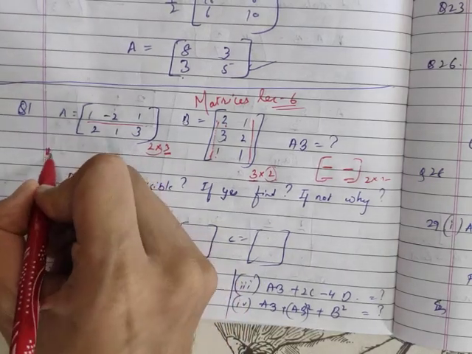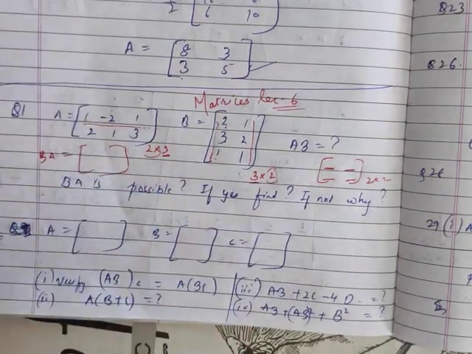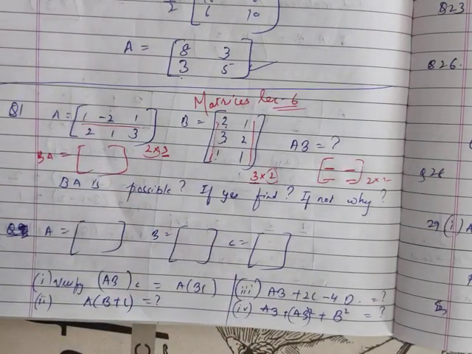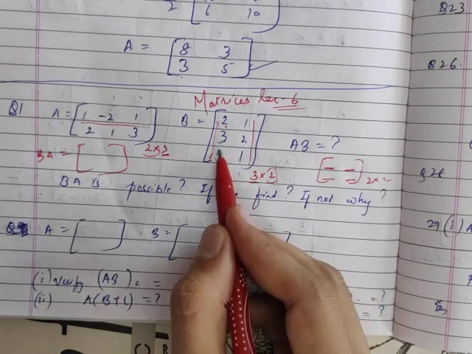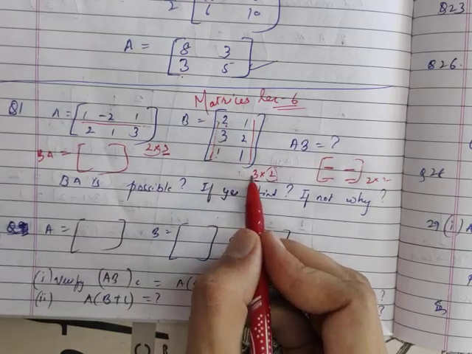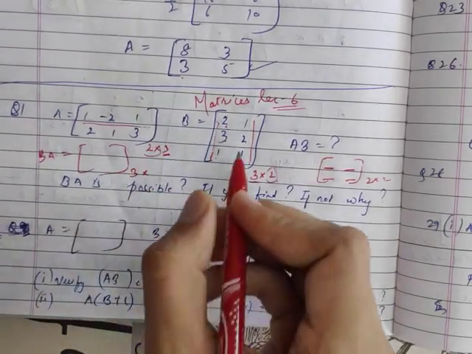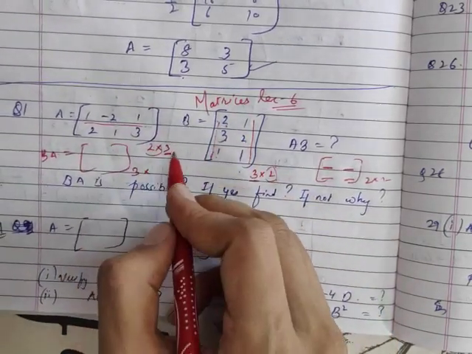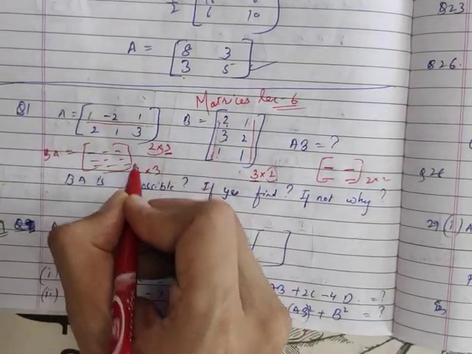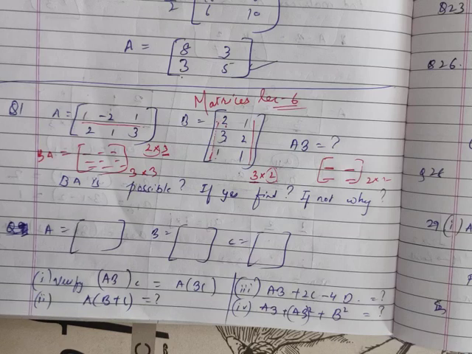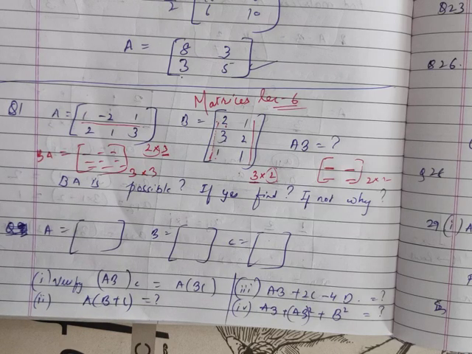And resulting matrix BA का order क्या बनेगा? Let's check that. Can I say that will be first का first number, that means 3 cross second का second number, that is 3. So answer will be 3 cross 3. कितना elements आएगा? That is 9 elements. Did you get the point? I hope. Okay, आगे चलते हैं.